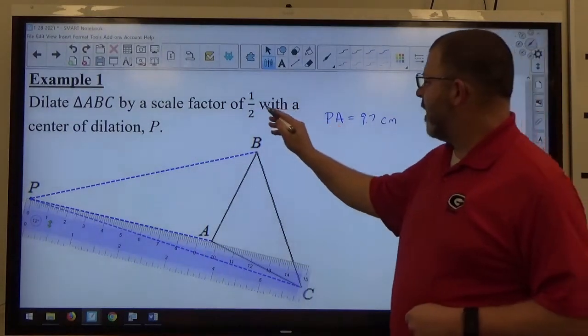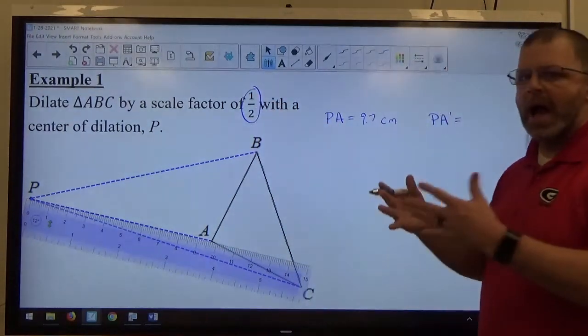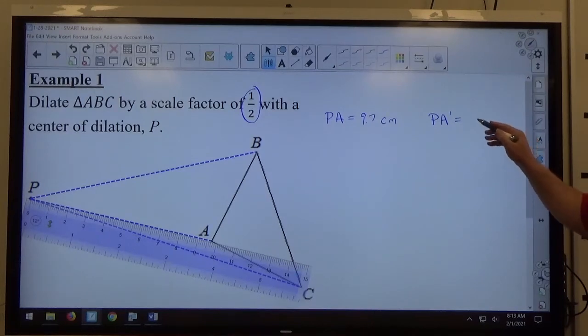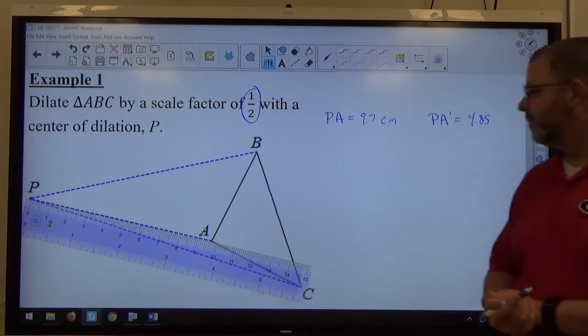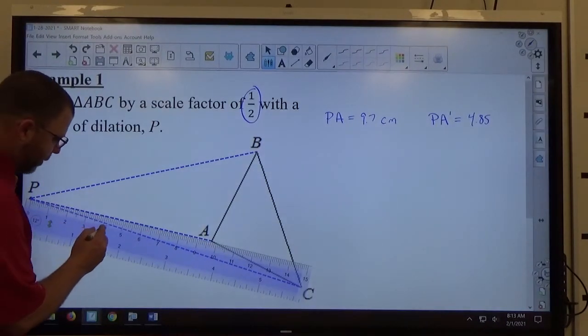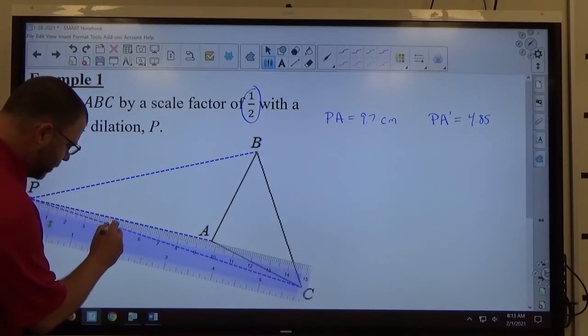Which means that for PA prime, we're doing a scale factor of 1/2. I want to go half as far. So 1/2 of 9.7 for me is 4.85. And whatever your measurement was, you'd go half of that measurement. All right. So I look on my ruler and find 4.85 centimeters, which is right here.